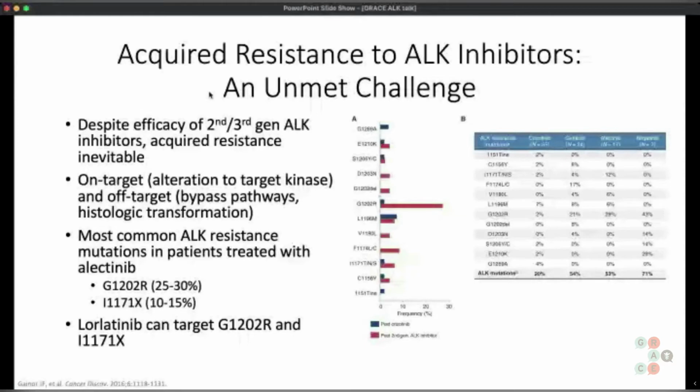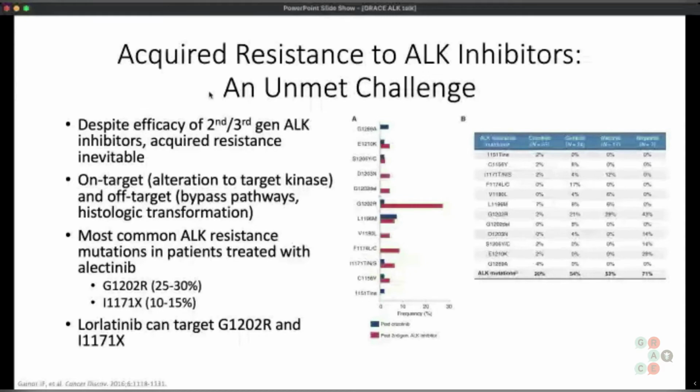The most common ALK resistance mutations in patients who are treated frontline with alectinib are the G1202R resistance mutation, which is seen in 25 to 30% of cases, and then the I1171X alteration seen in 10 to 15%. So these are on-target alterations that can form in patients who are treated with alectinib frontline.